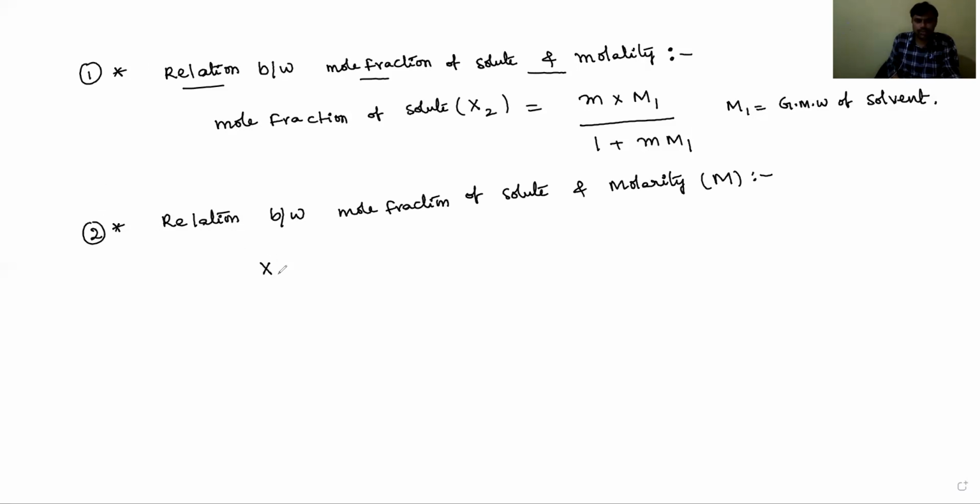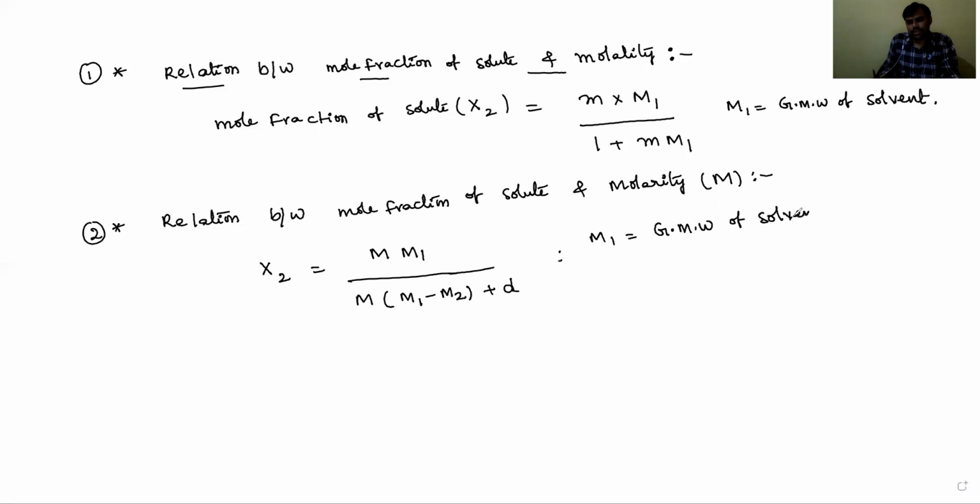So the mole fraction of solute X2 is equal to M times M1 divided by M times M1 minus M2 plus density of the solution, where M1 is the gram molecular weight of solvent, M2 is equal to the gram molecular weight of solute, and D is equal to the density of the solution.